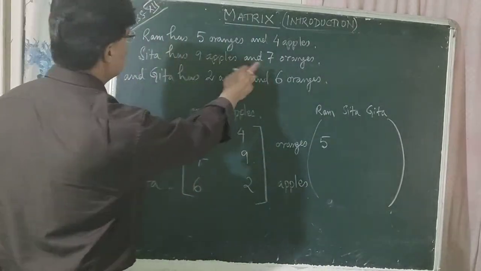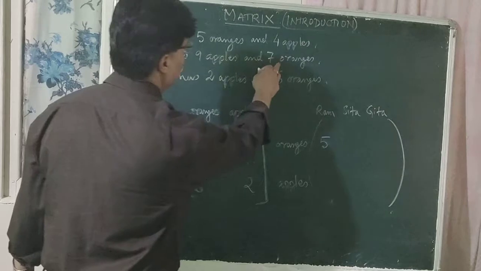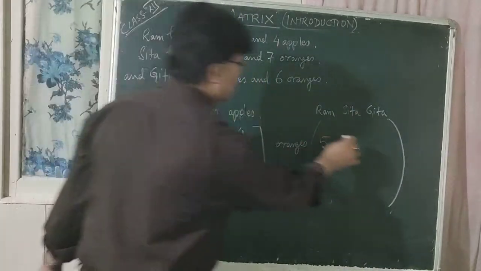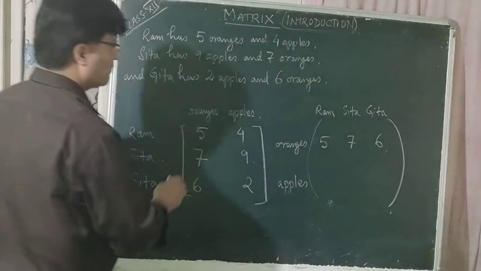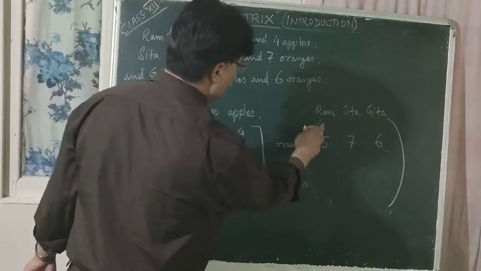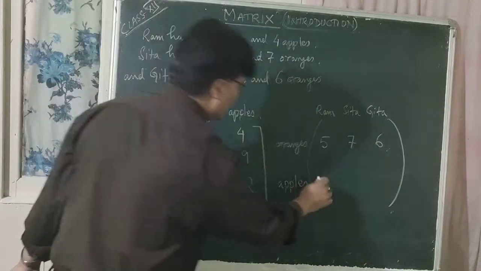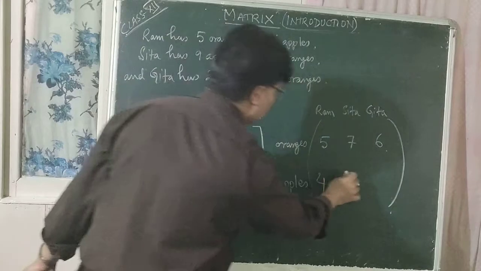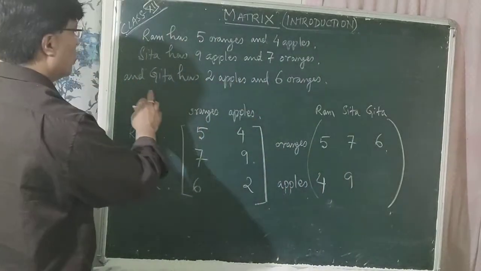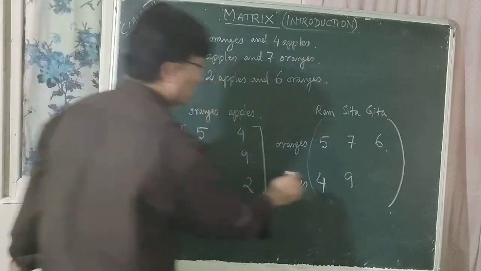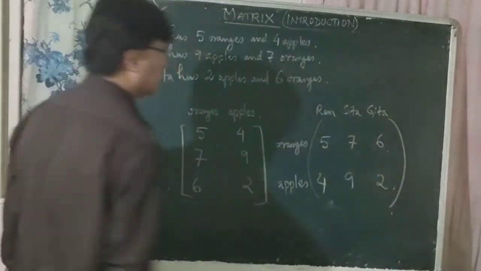How many oranges does Sita have? 7 oranges, and Geeta has 6 oranges, right? How many apples does Ram have? 4 apples. How many apples does Sita have? 9 apples. And how many apples does Geeta have? It is 2 apples, right?